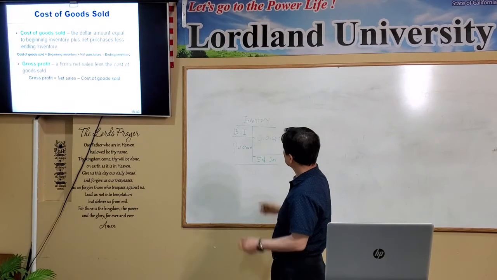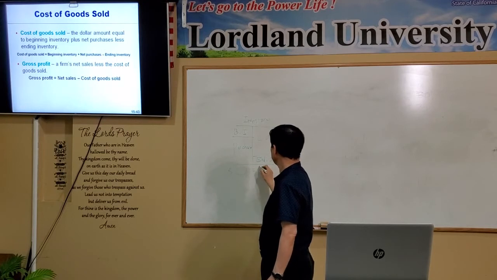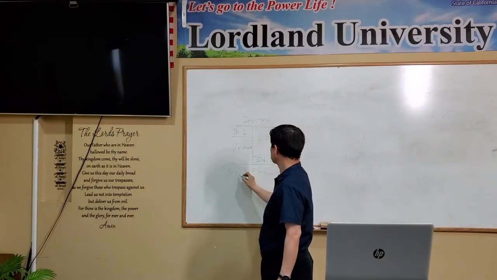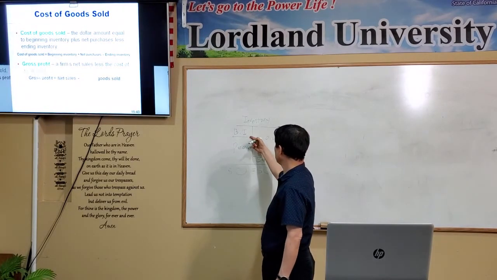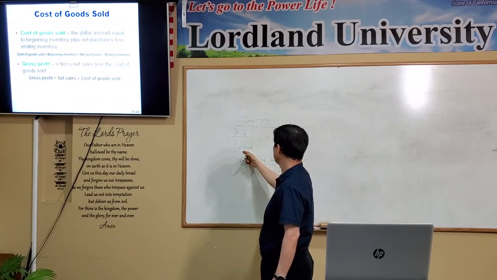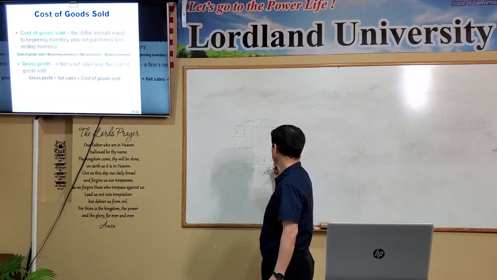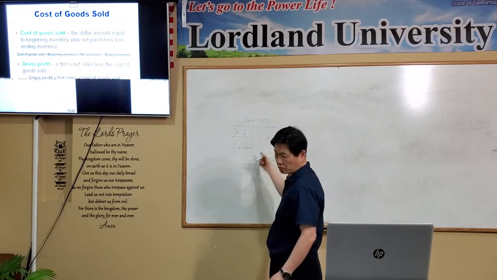Based on the accounting equation, it must balance. Okay. Therefore, beginning inventory plus purchases during the accounting period minus ending inventory equals cost of goods sold.